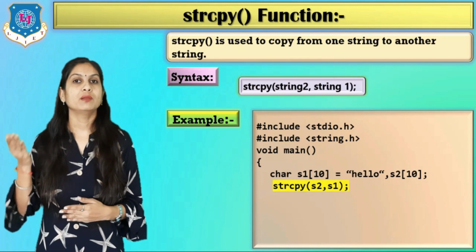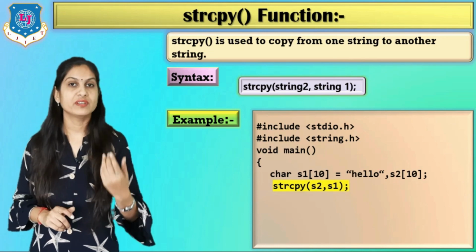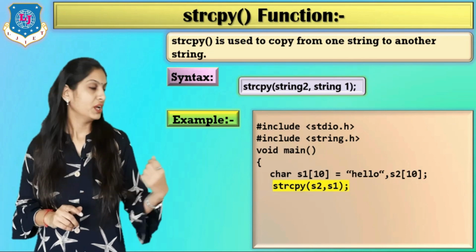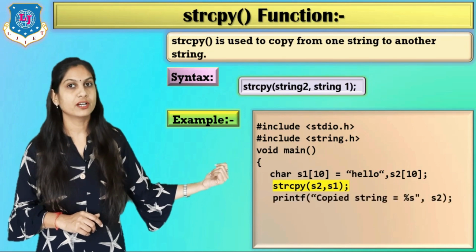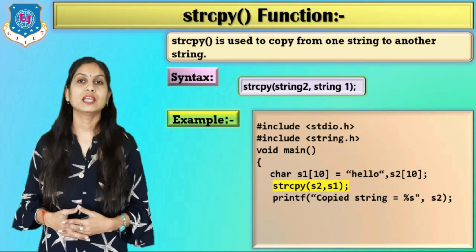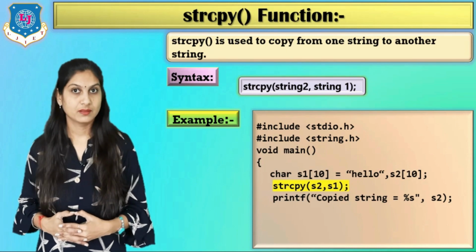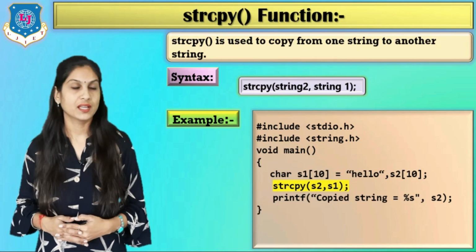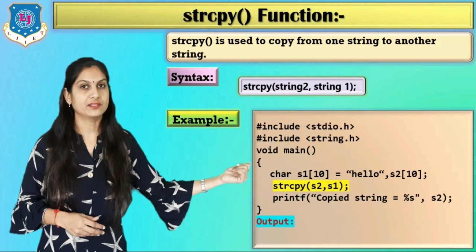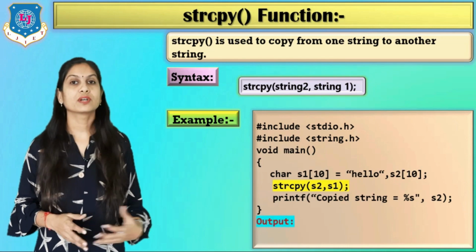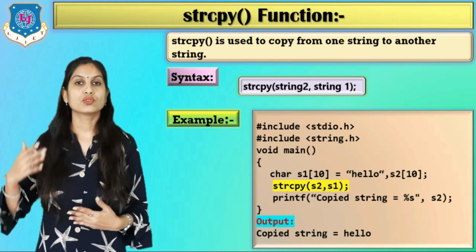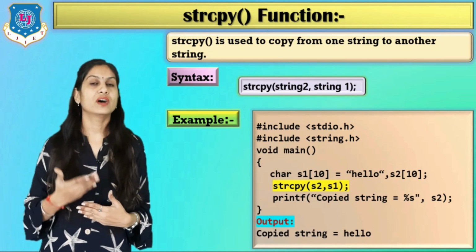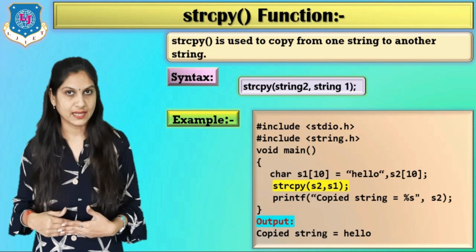So s1 data will be copied into s2 and we get the answer in s2. So print that value using the printf function: copied string equals %s, because we have to print the string, and which value do we want? s2. So the output of this program is copied string equals hello. So the first string will be copied into the second string.